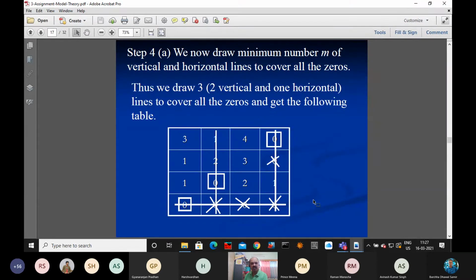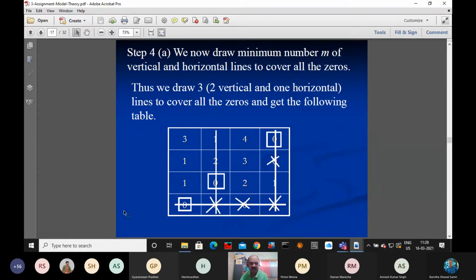There may be some other possibilities also, but using 2 lines we cannot cover, so 3 are required. Since it is the minimum, the minimum is 3 here, so we cannot take 4. After drawing the minimum number of horizontal and vertical lines, we see how many elements are not covered.